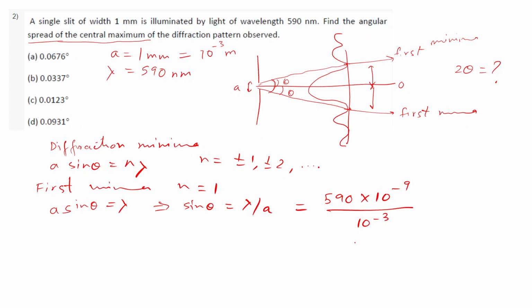So this will be 590 times 10 to the power minus 6 meters, or 10 to the power minus 6. Now I need to find out theta, so I will take sine inverse of this lambda by a that I have calculated.